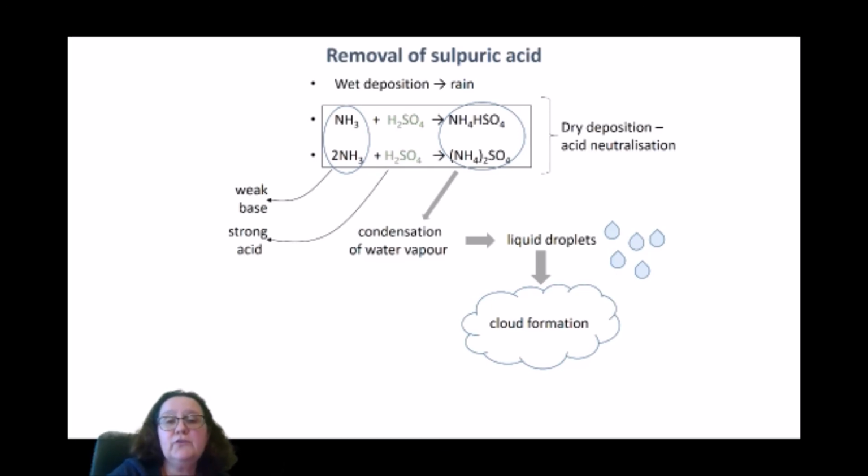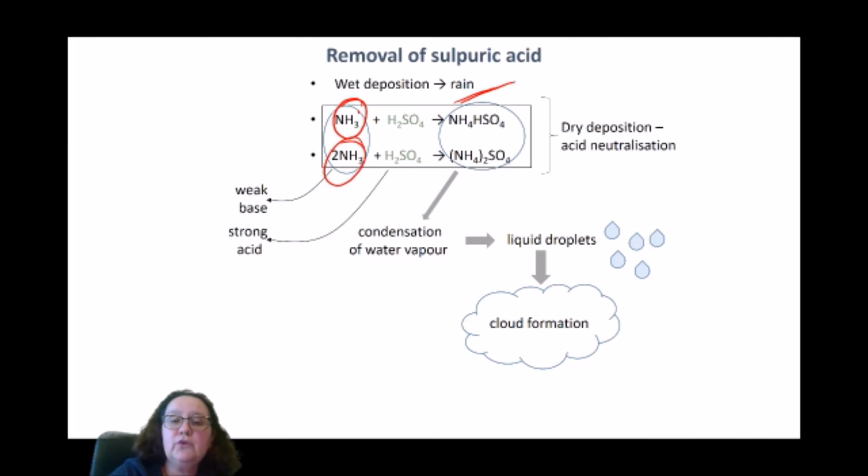So once sulfuric acid is formed, how does it get removed from the atmosphere? Well, as I mentioned before, it can interact with water molecules and form clouds, and then it deposits. We are talking about wet deposition in the form of rain or hail or snow. And it can also interact with ammonia in a similar way to what happened with nitric acid.